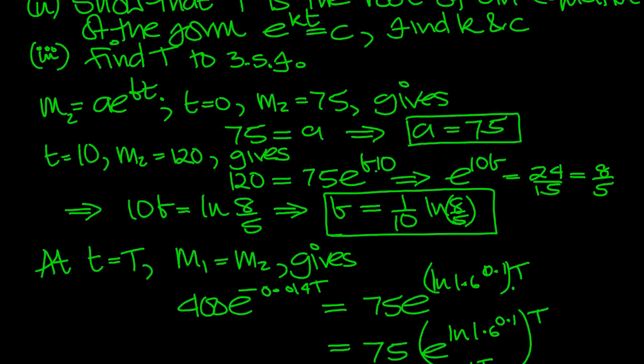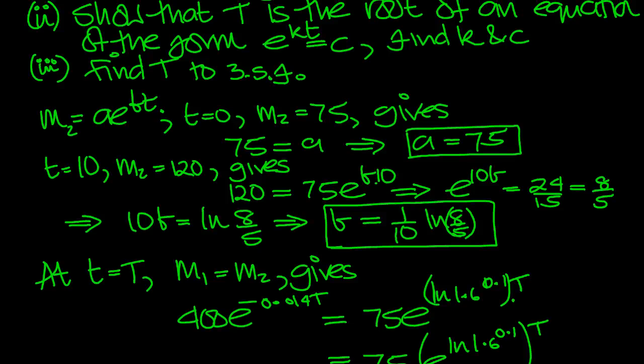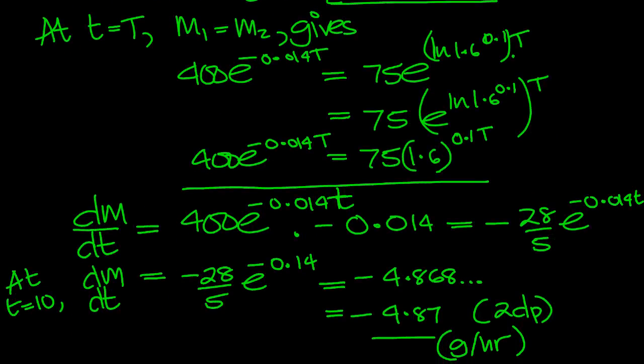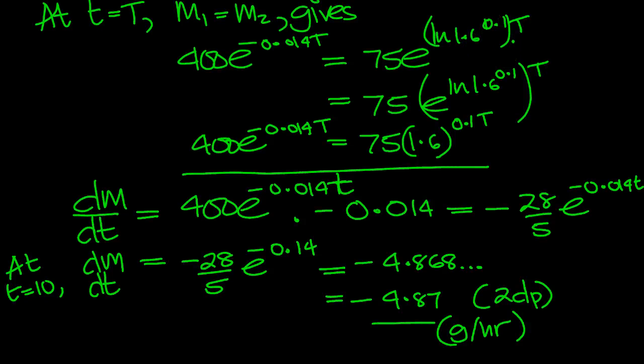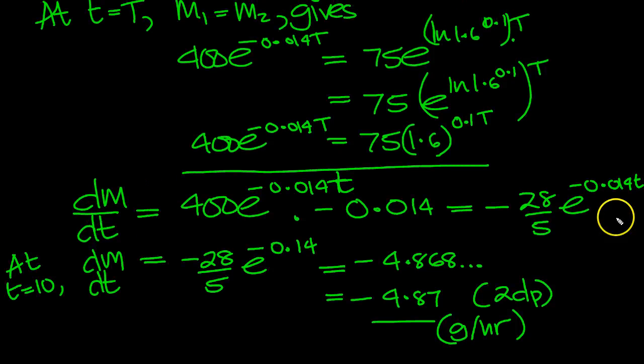So I need it in e to the kt equals c. Okay, so it's asking me to write it in exponential form. So we need to write it like so, won't we? So what have we got then? We'll have this then. So part 2, isn't it?